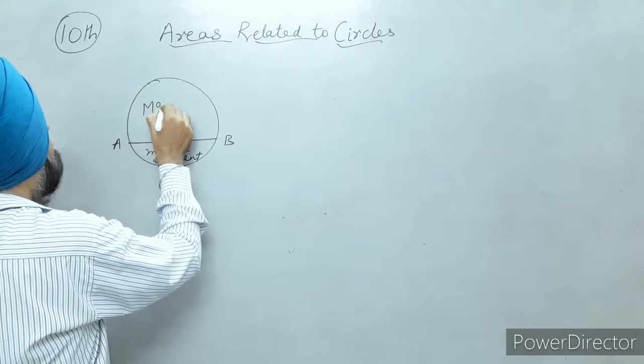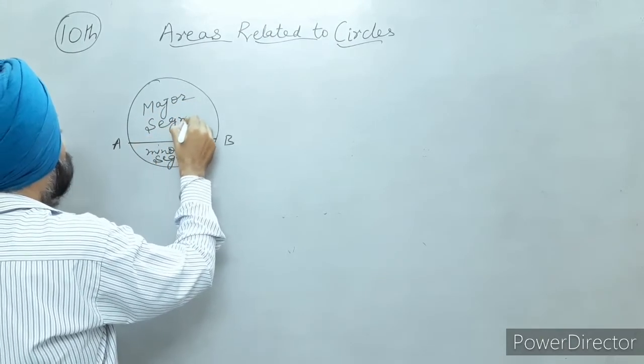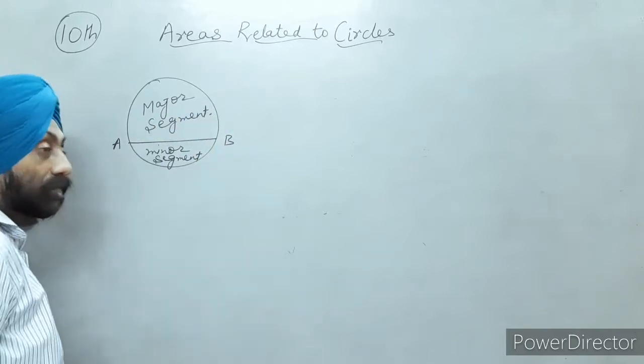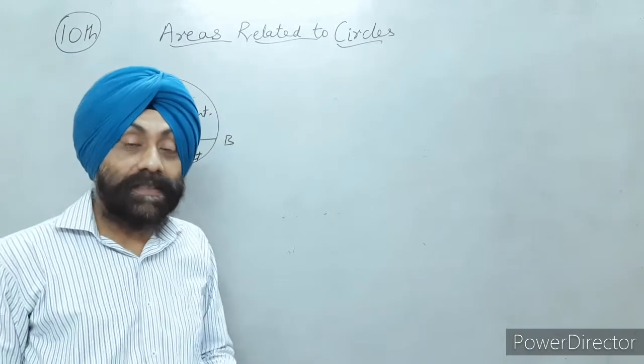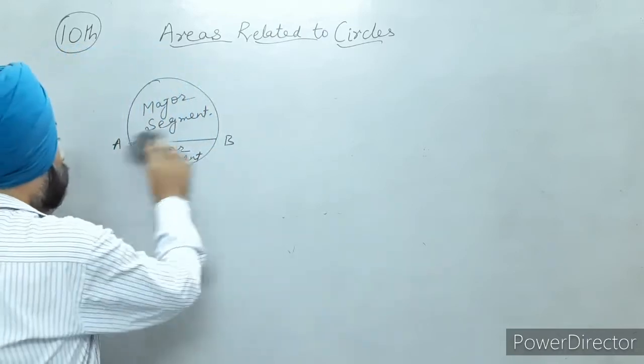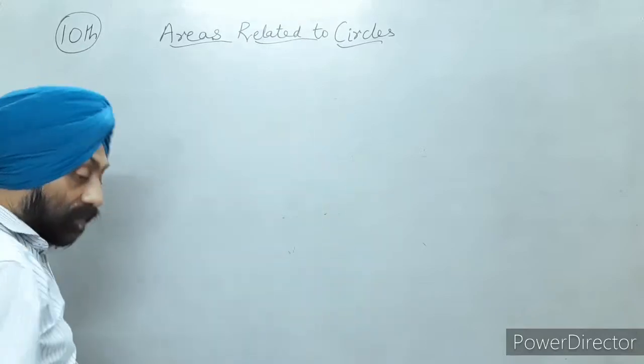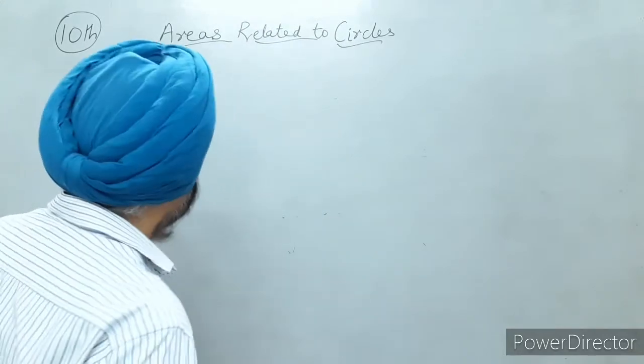This is the major segment. Right? These are few basics which you must know before starting off this chapter. Now I will write few formulas which will be used in this chapter.